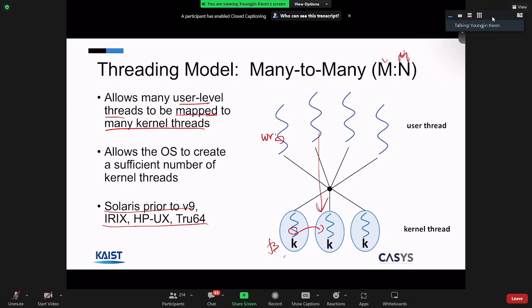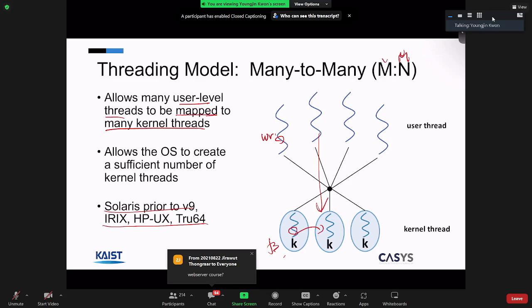Throughout these courses, you may experience this many-to-many threading model. Which one actually uses this many-to-many model? Can you guess? You already use it, I bet.